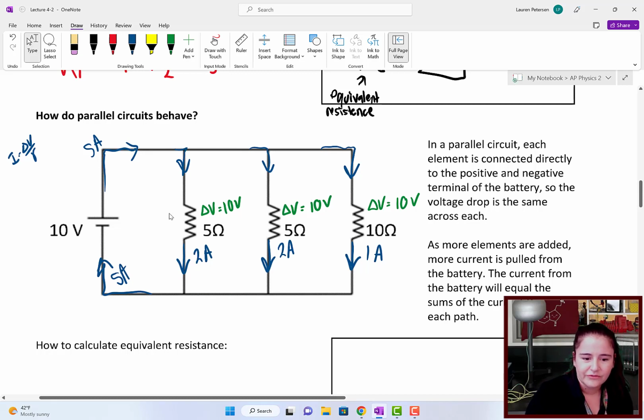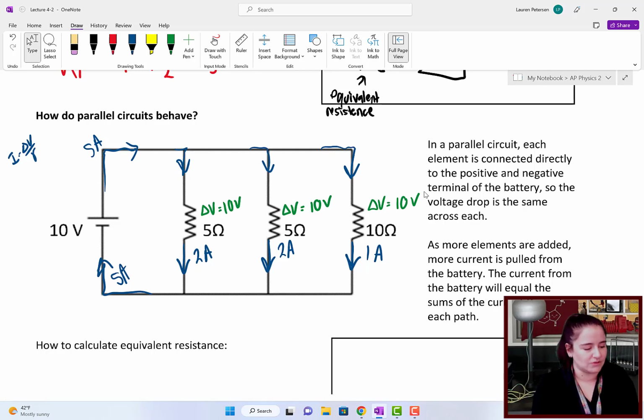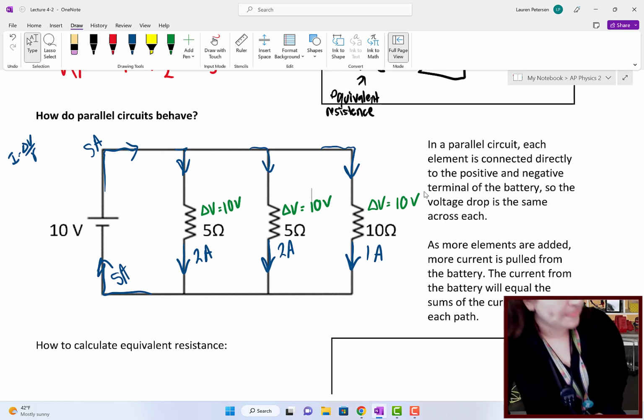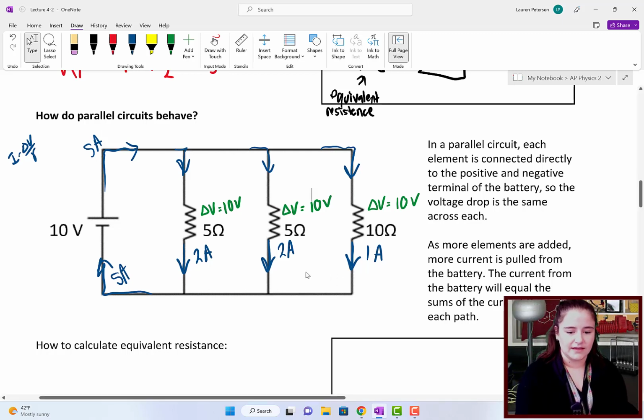If we have more paths open, that lowers the total resistance, because there are more options for where that current flows, which minimizes the repulsions and lowers that total resistance. And here, it's not the voltages that all add up to the battery voltage, but rather the currents all add up to the total current flowing through the battery.